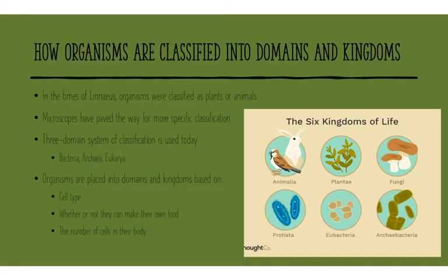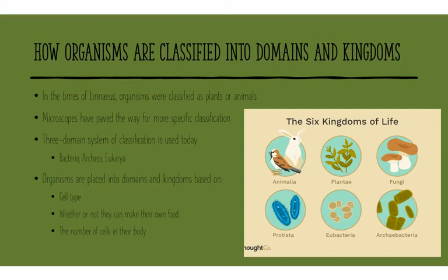And the organisms are placed into these domains and into kingdoms, which we'll talk about later on, based on cell type, meaning are they unicellular or multicellular, whether or not they can make their own food, are they autotrophs or heterotrophs, and the number of cells that are within their body, meaning do they have just one cell in their body or do they have multiple cells in their bodies? So that is how we classify organisms into domains and kingdoms.